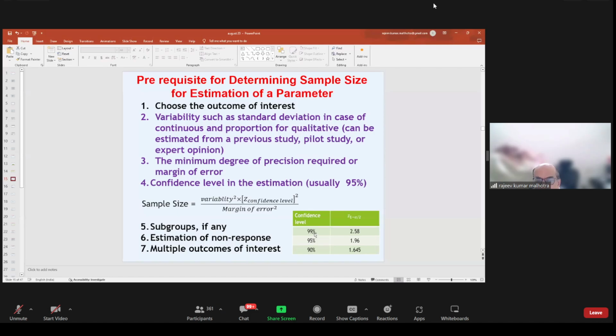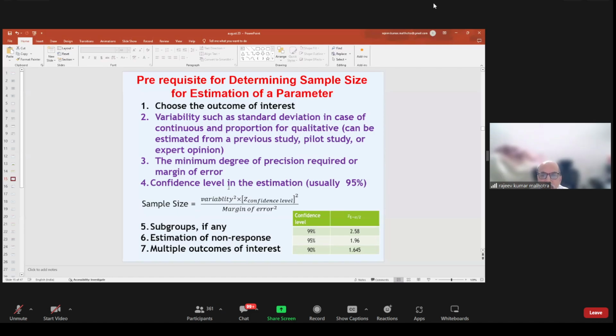If you have a confidence level of 99%, the Z value is 2.58. Or if you have 90%, you have a value of 1.645. So depending on the confidence level, this Z value will change, and then divide by the margin of error, the precision you have selected, squared.